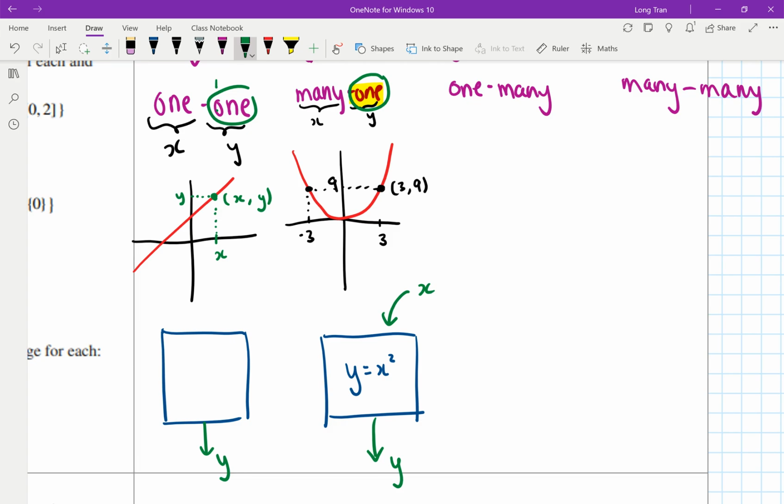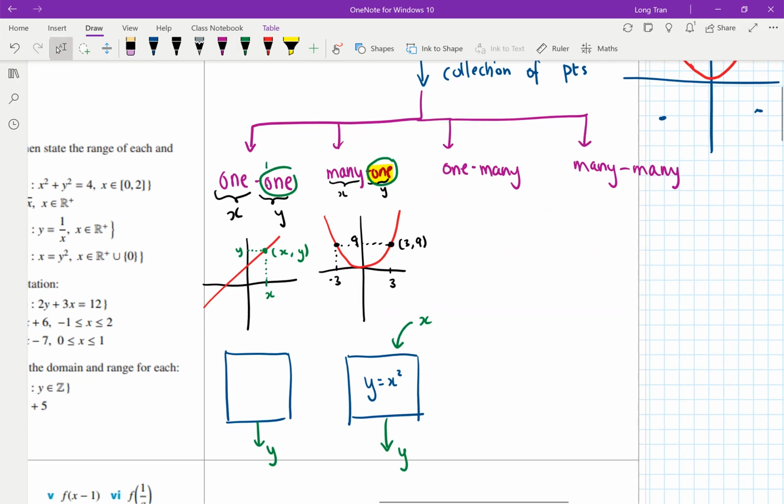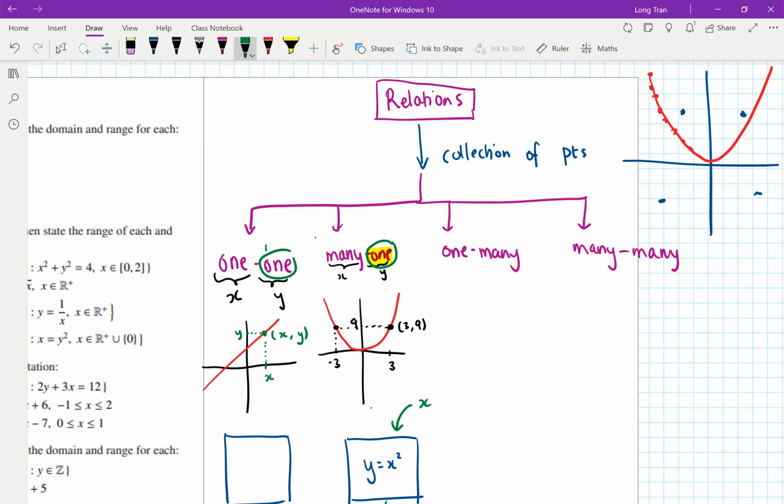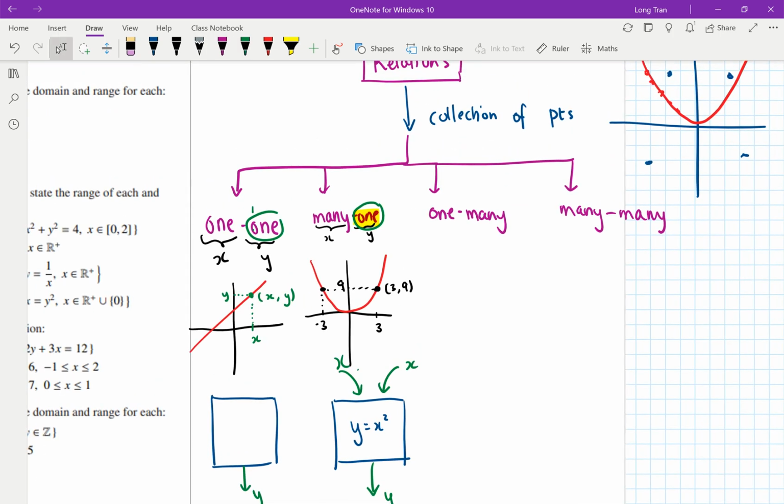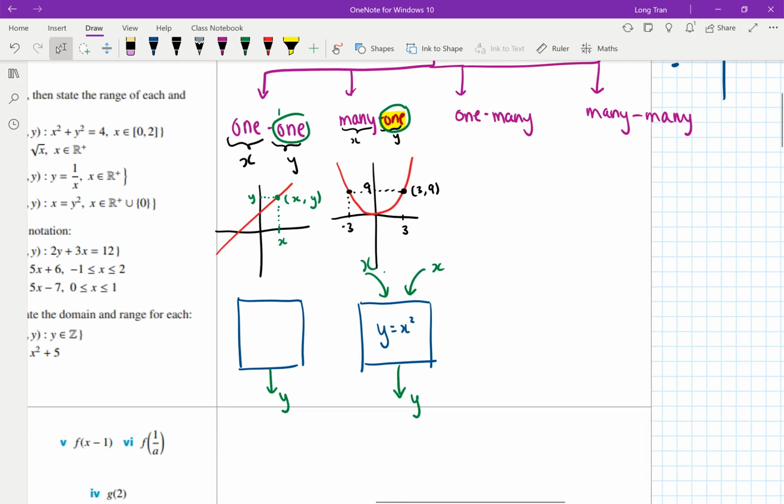What's the difference between a one-to-one and a many-to-one? It means that you can throw in multiple x values, hence many-to-one, many x values to get the same y value. Can you see that? So I can throw in 2 x values into this machine to get the exact same value.